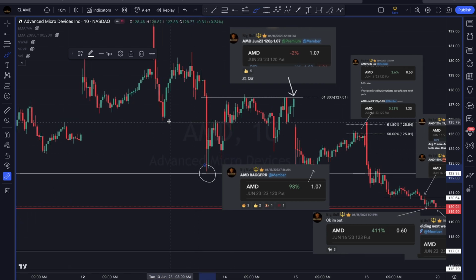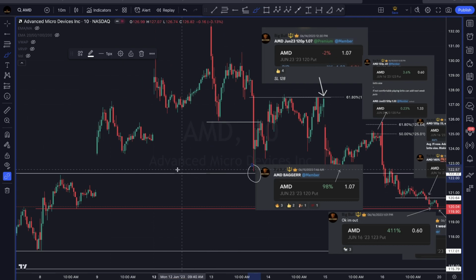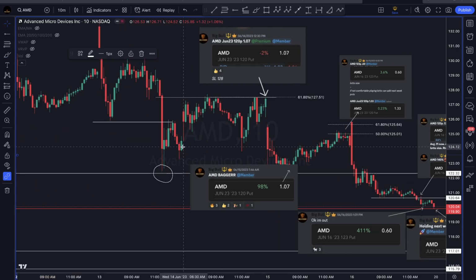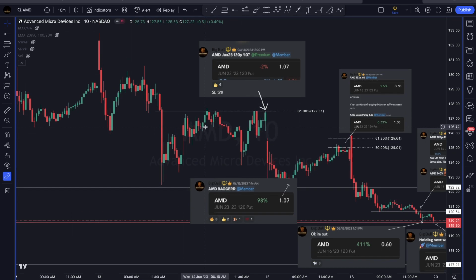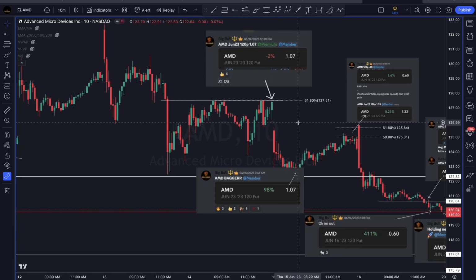My bad, that's not the daily close, that's the daily close right here. When the intraday swing low broke, and then it also broke the prior lows, that means the sellers are in control. There are high chances we can see a sell on any pops, as long as price stays below the prior swing highs. So I waited the whole day.